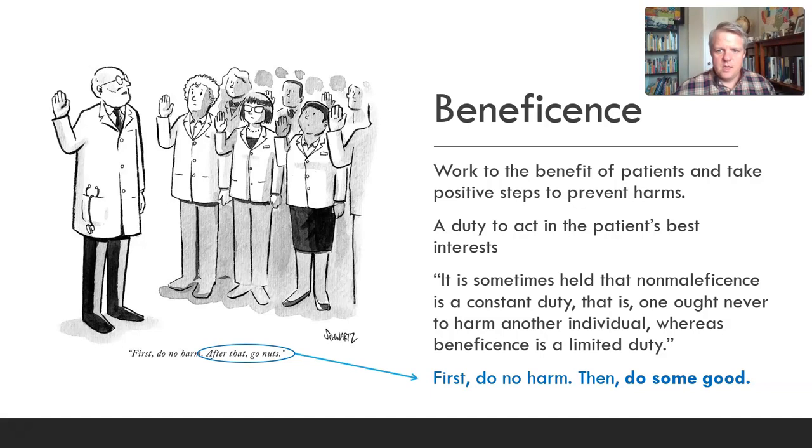This becomes paramount when a doctor is acting for or choosing for a patient who cannot make choices for themselves. When a patient is incapacitated in some way or unconscious and a doctor needs to make decisions on their behalf, they had better do it in the patient's best interest, not in their own best interest.